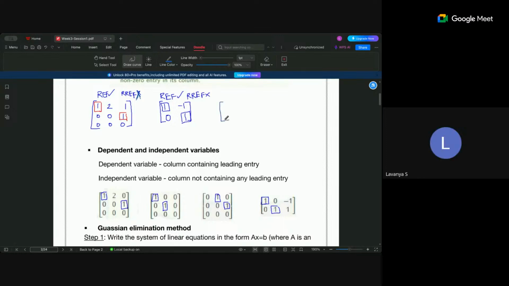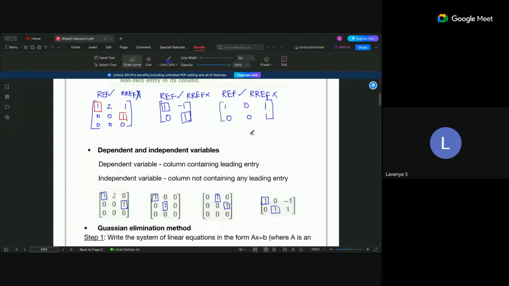So you can also have rectangular matrices in RREF form, not necessarily square matrices. So here, for example, you take this one, 1 0 1 0 0 1. Is this RREF or REF? REF. This is REF, but not RREF.